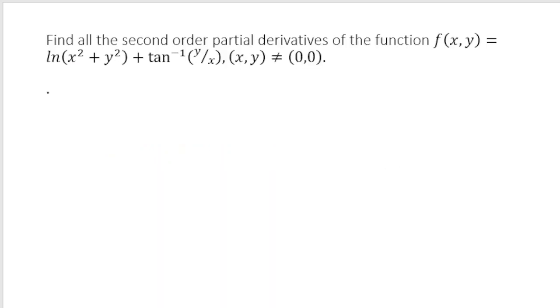Now to understand it better, I am going to take this problem, and here I am going to find all first order partial derivatives. It involves two different functions, ln(x² + y²) and tan⁻¹(y/x), and it is given that (x, y) is not equal to (0, 0), because at this point it will become undefined.